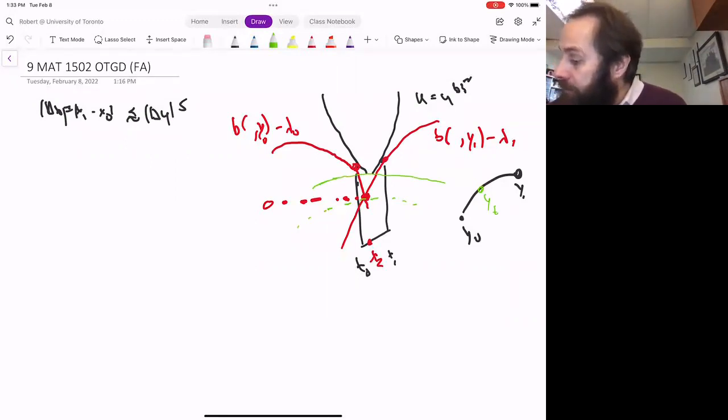And then we look at some ball of radius epsilon around x2, on the boundary of that ball.